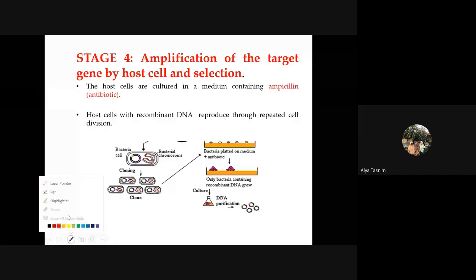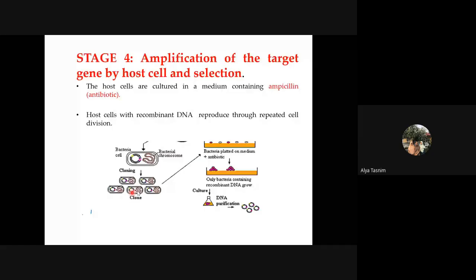So these are the bacteria. These are the bacteria that take up the recombinant plasmid, and also there are bacteria that take up non-recombinant plasmid.